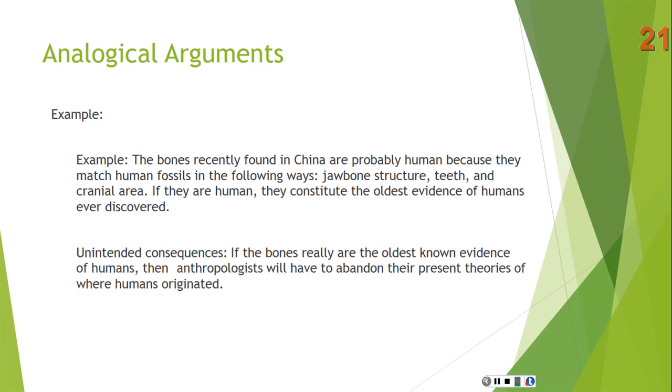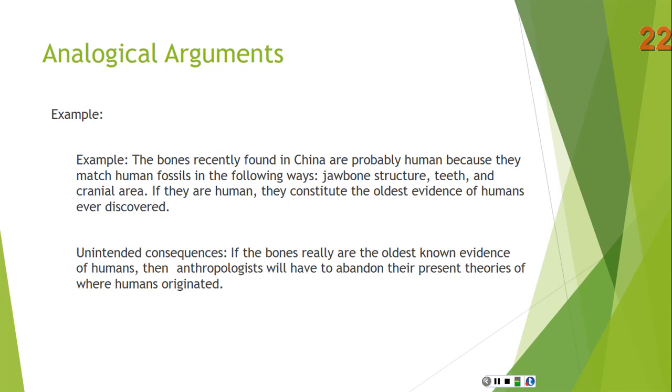Here's an example. The bones recently found in China are probably human because they match human fossils in the following ways: jawbone structure, teeth, and cranial area. If they are human, they constitute the oldest evidence of humans ever discovered.